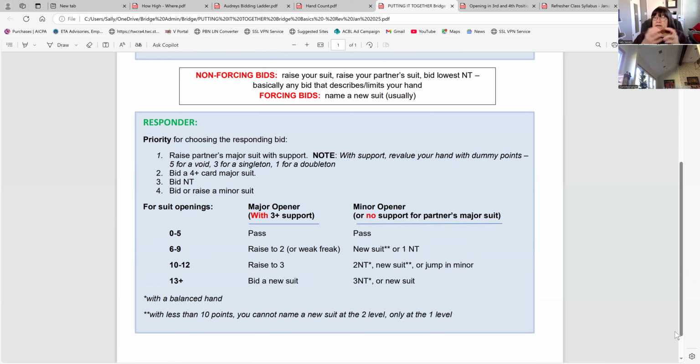The bids that limit their hand, that show an exact number of points, are raising partner's suit to 2 or to 3 level, either minor or major. If you raise your partner's suit either 1 level or 2 levels, that shows an exact number of points and support for partner. Partner does not have to bid again because you've limited your hand. He knows what you've got in your hand now.